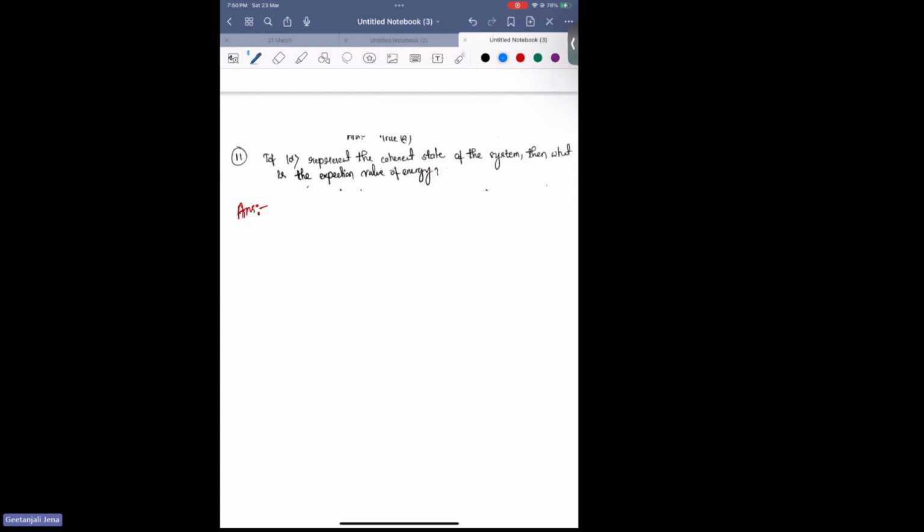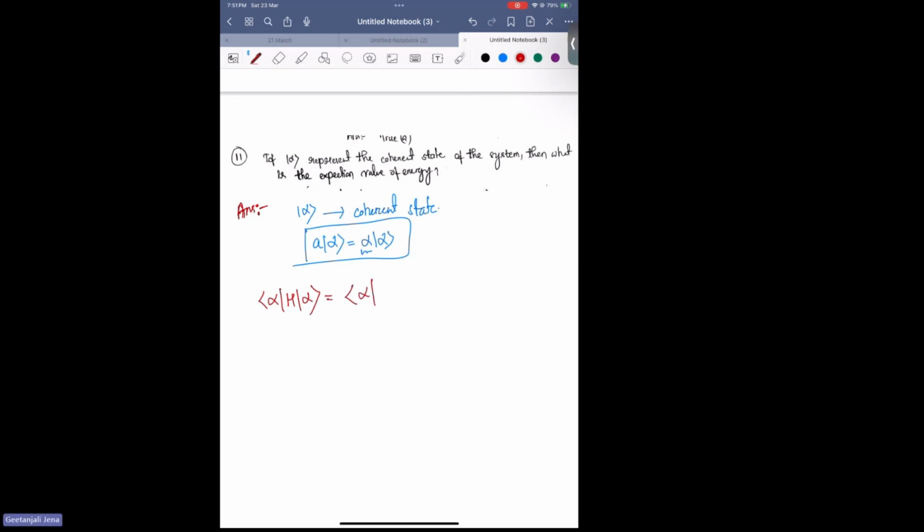If alpha is a coherent state, it satisfies the condition A|alpha> equal to alpha times |alpha>. So if you act with the lowering operator on the alpha state, you get the eigenvalue alpha times |alpha>. This is what we mean by coherent state. Now it is asking about the expectation value of energy in this coherent state. The expectation value is nothing but <alpha|H|alpha>.